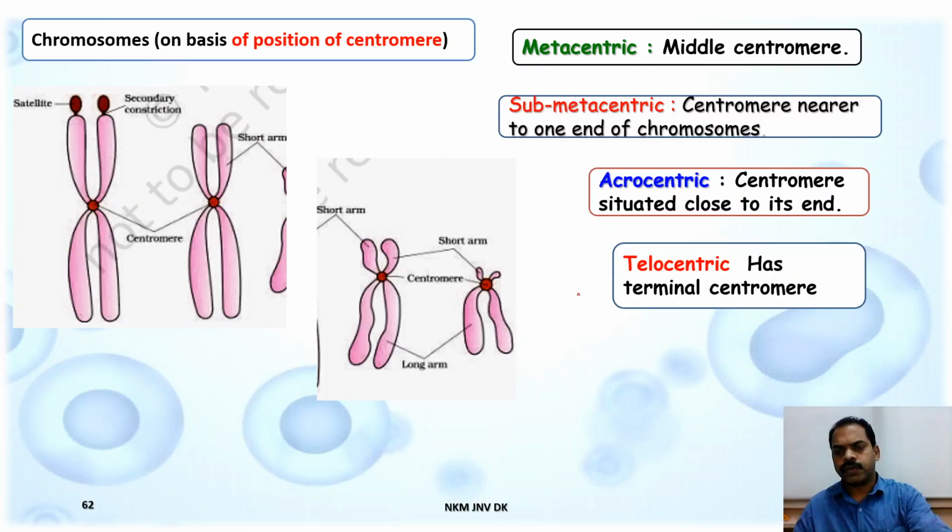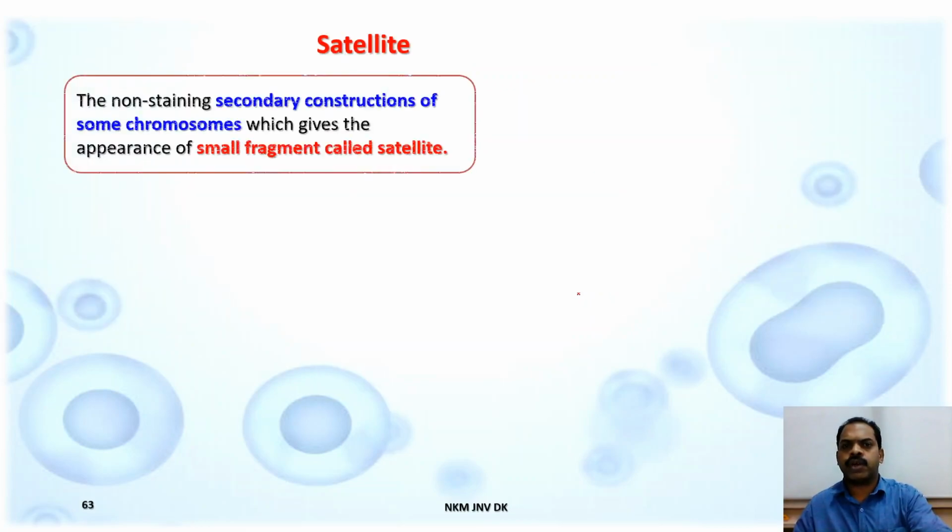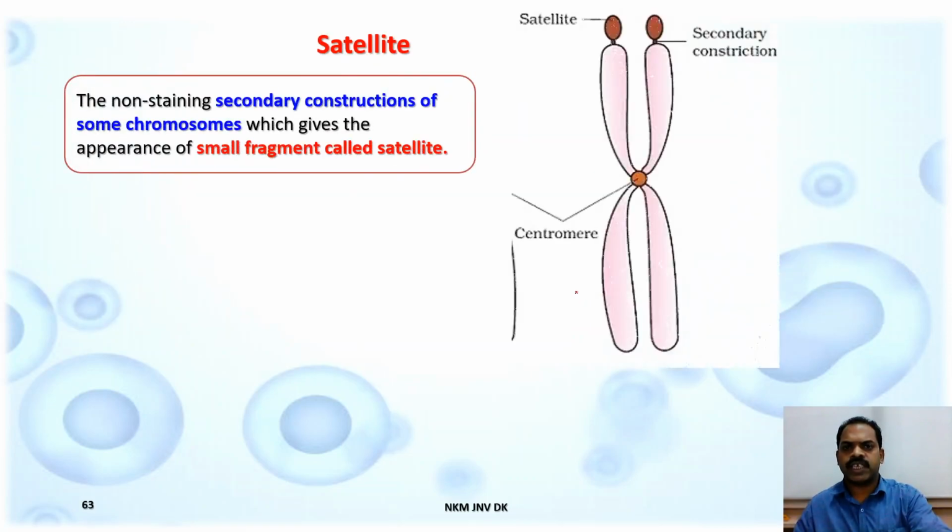Okay. Then one more thing we have to study about the chromosome, that is the satellite. So what is a satellite in chromosomes? It is a secondary constriction of the chromosomes, not in all chromosomes.